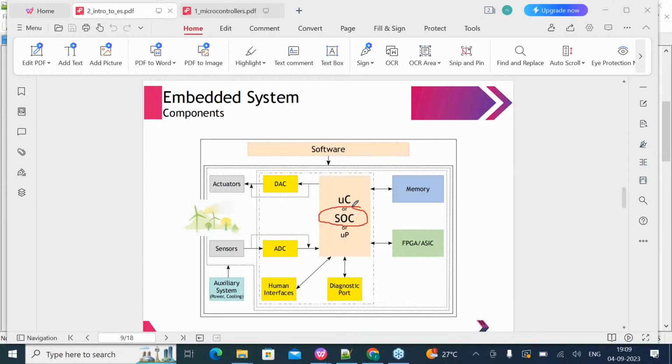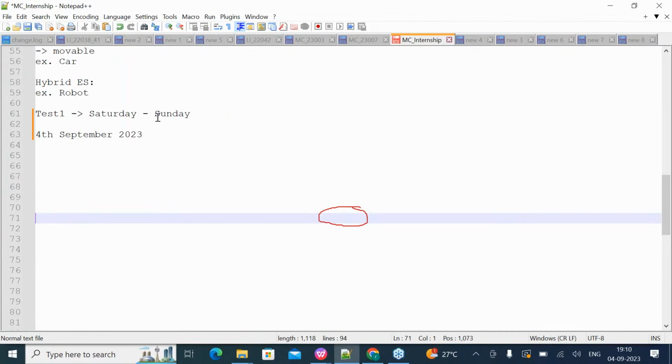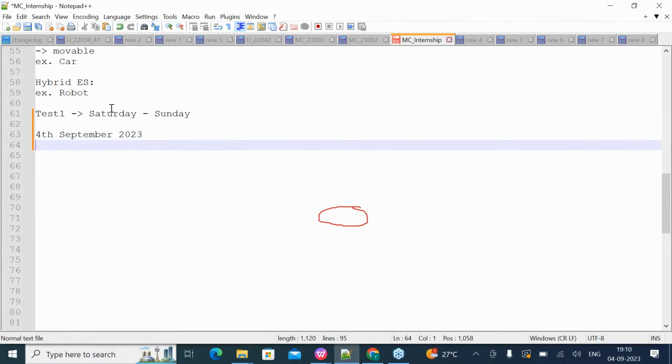Because as you proceed with more complex applications, it may not be possible to implement the application using a single microcontroller. Let's say you are designing an embedded system that is very complex.